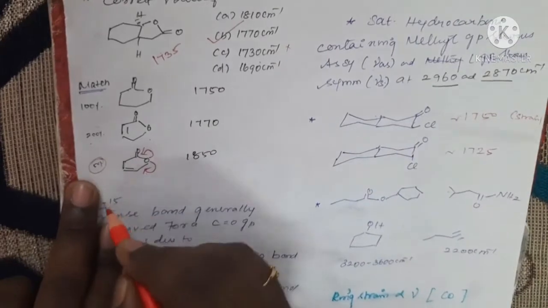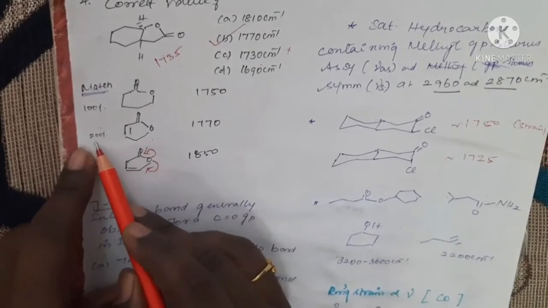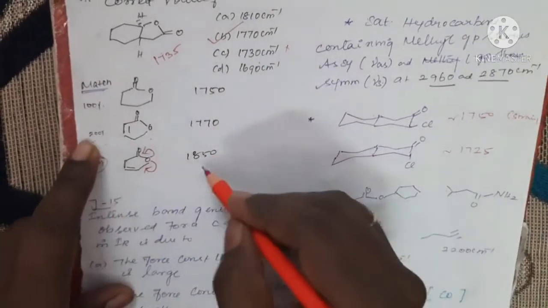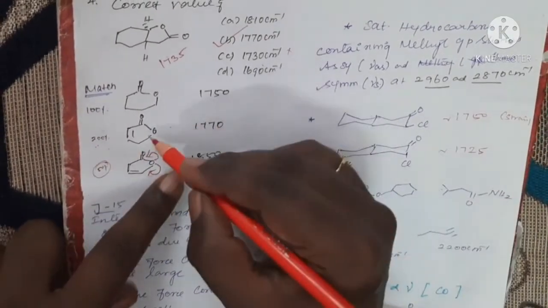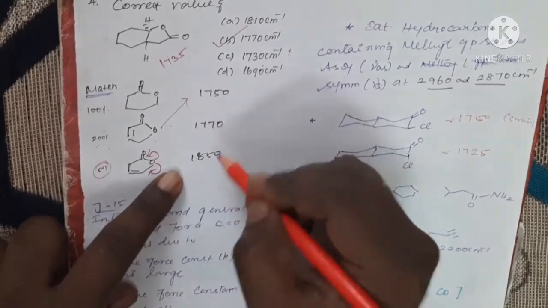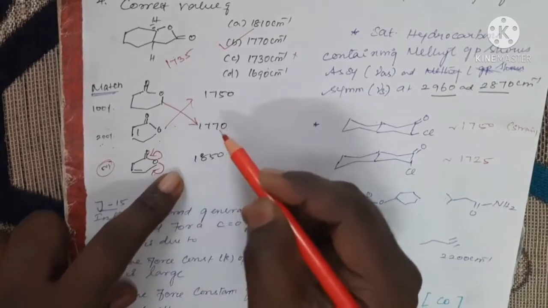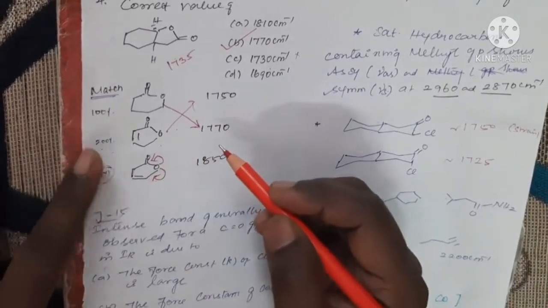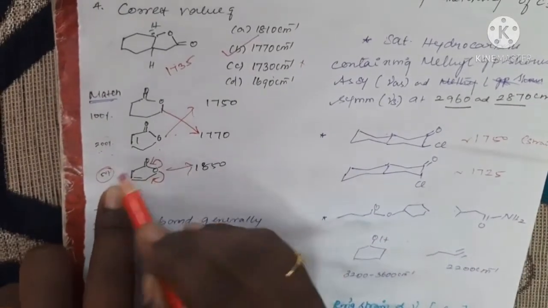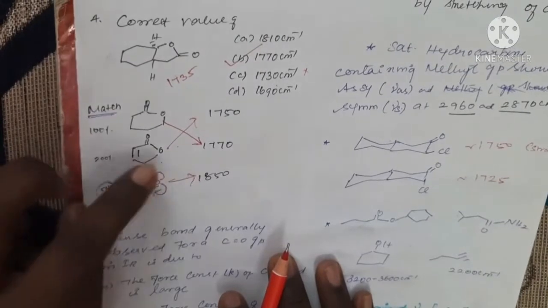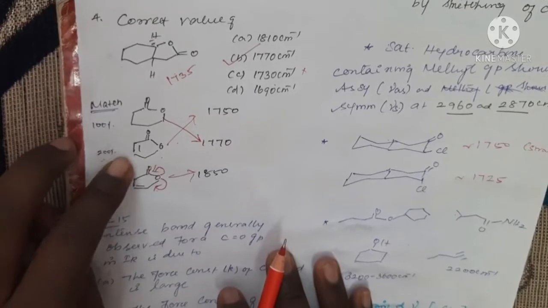So I denote here 50% conjugation, here 100% conjugation. Conjugation makes the value decrease. Among the three, this one has the higher conjugation, so the value will be much lower for this ring. Among these three, this is the lowest value. Ester is actually 1735, and sometimes they will give us values like this. So you have to compare, and this one is the higher value among the three. If you see here, even though the size decreases, the conjugation factor prevails over the size, so it has a lower value than this one.